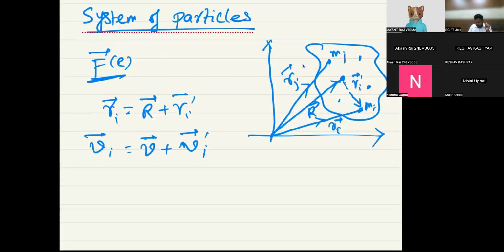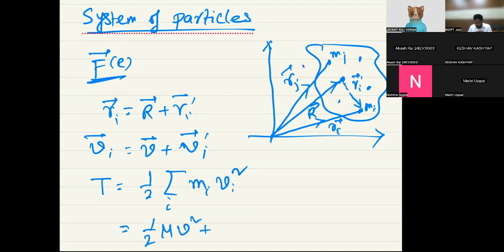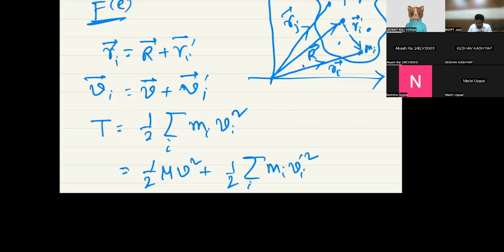Then we tried to derive the total kinetic energy of the system, which is simply half mi Vi square. We replaced Vi by V plus Vi prime, and the final answer was half m v square plus half mi vi prime square.